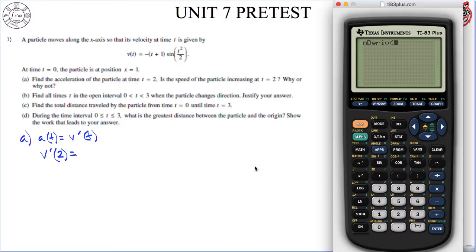I'm taking the derivative of my y1 function, vars, right, enter, enter. y1 with respect to x at position 2, so enter 2. And we get 1.588. So that's going to be our acceleration at time 2, 1.588. I do need to explicitly say that's acceleration at time 2.